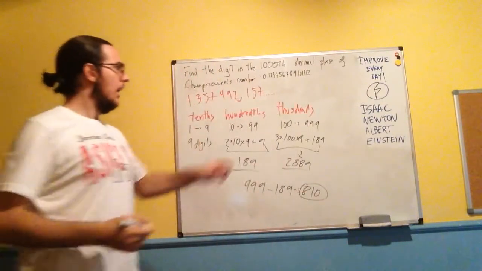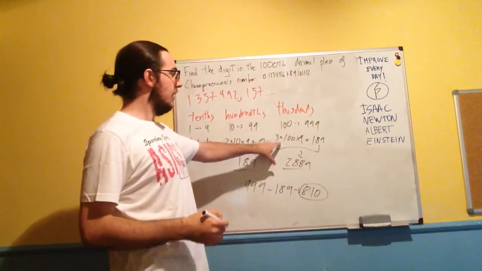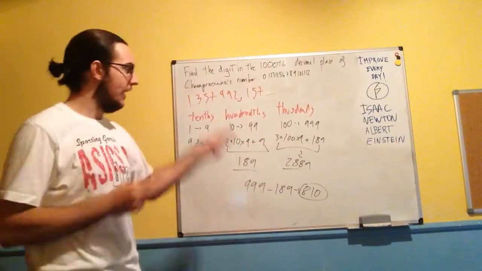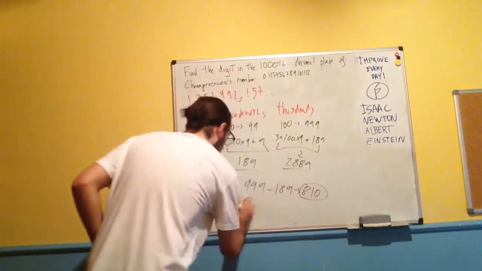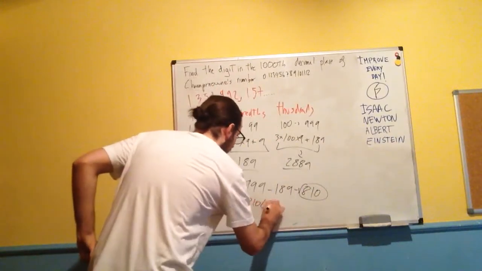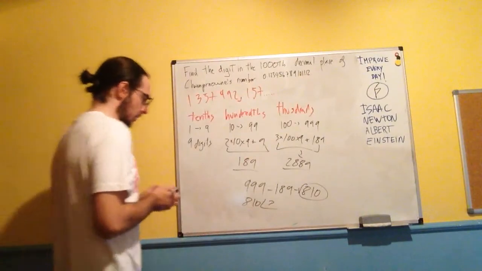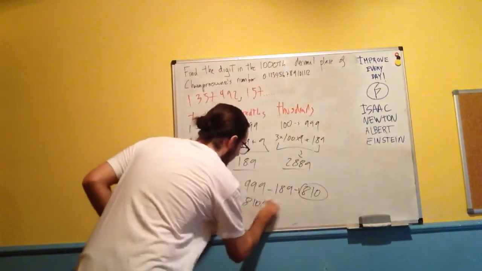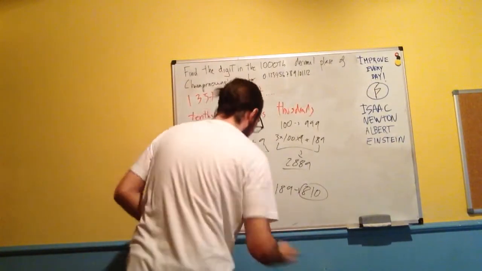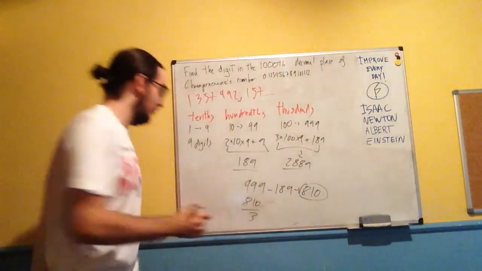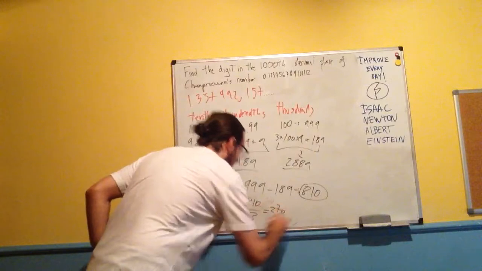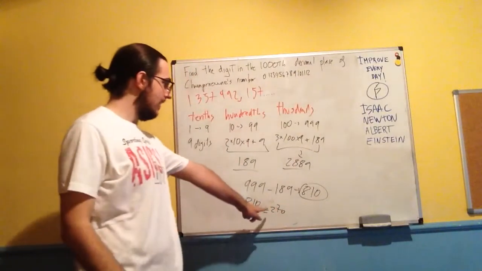And now what? Watch out, because we have 3 columns, so we have to divide 810 by 3, and this is 270.